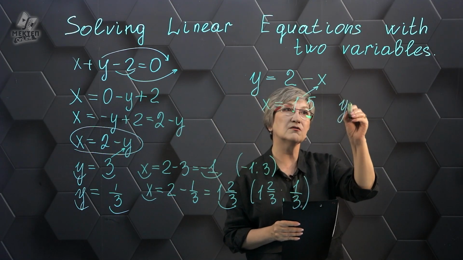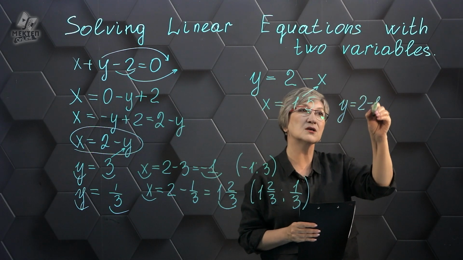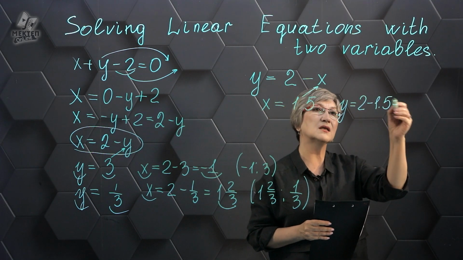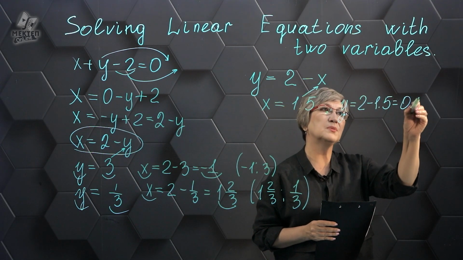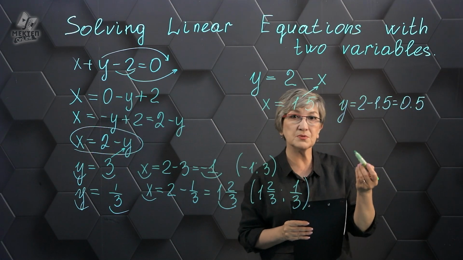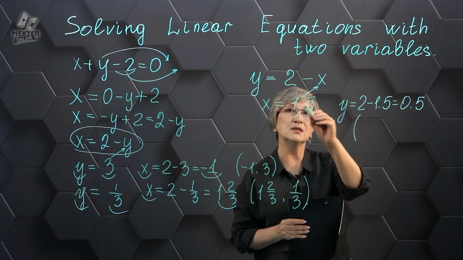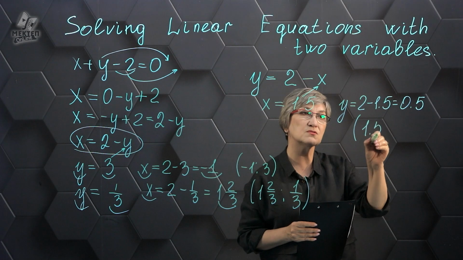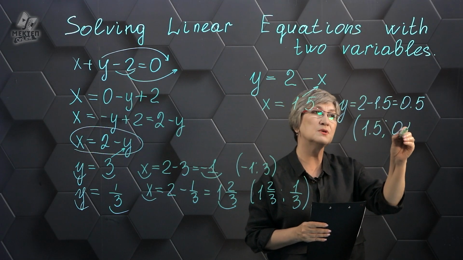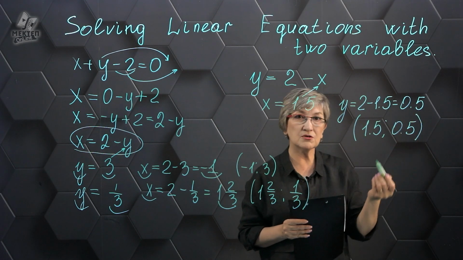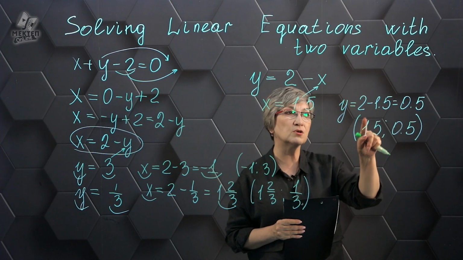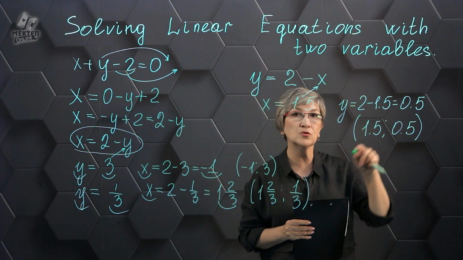And we know that y in this case is 2 minus 1.5. That's 0.5. And then I can write down a couple of numbers. I always write the x value in the first place, and I always write the y value in the second place. And the result is x equals 1.5 and y equals 0.5.